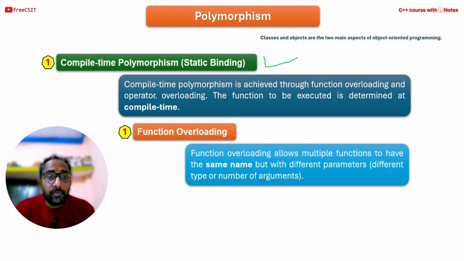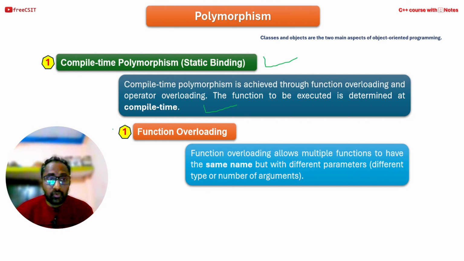The first one is compile time polymorphism, static binding. Compile time polymorphism is achieved through function overloading and operator overloading. The function to be executed is determined at compile time.